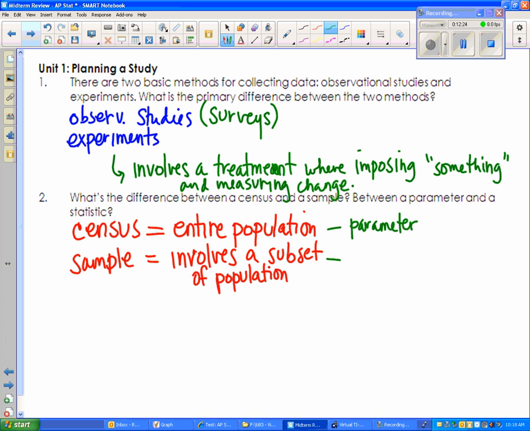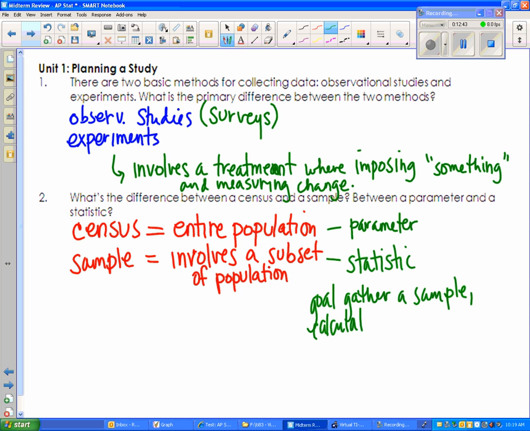When we gather the same information on a sample, instead of calling it a parameter, we call it a statistic. And the goal is usually to gather a sample and then calculate the statistic in the hopes to estimate the population parameter.